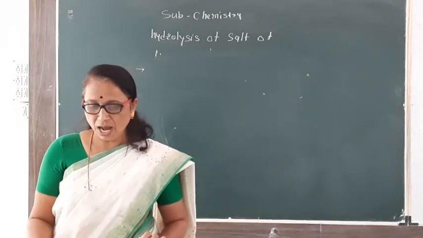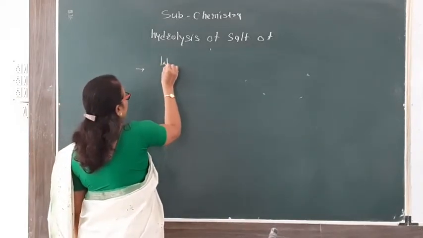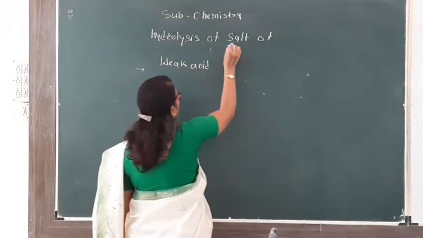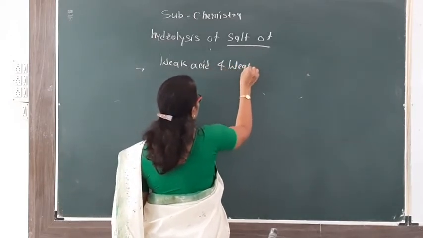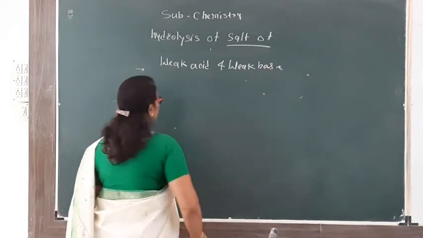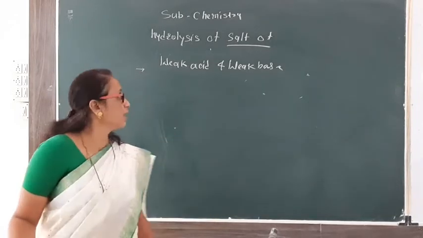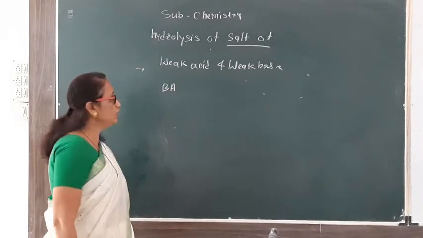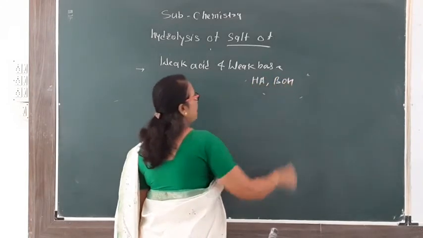And next is the hydrolysis of weak acids and weak bases. Hydrolysis of salt of weak acid and weak base, or salts derived from the weak acid and weak base. Consider any salt BA which is derived from the acid HA and base BOH.